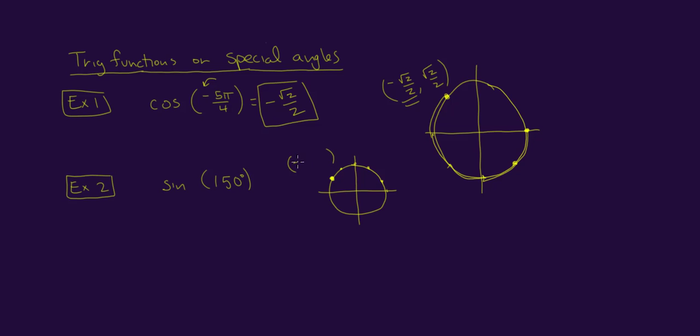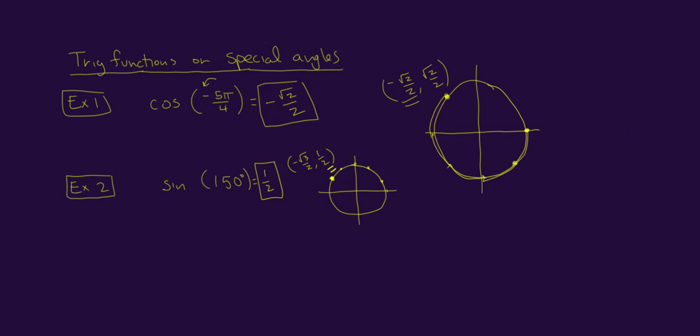The coordinates of that point are negative radical 3 over 2, comma, positive 1/2. And since it's asking for the sine value, that means I want the y coordinate, and so I will answer 1/2.